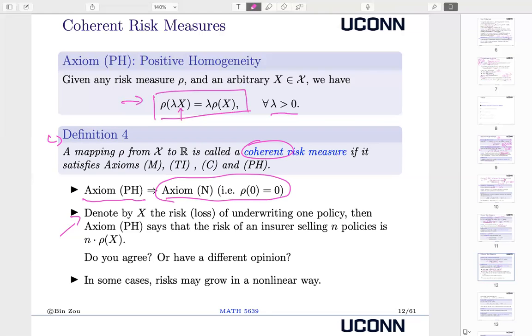Then the left hand side should be less than the right hand side. So that's why I mentioned risk usually does not grow in a linear way. In some cases it's not bad to apply a linear approximation, but sometimes it's really not appropriate.